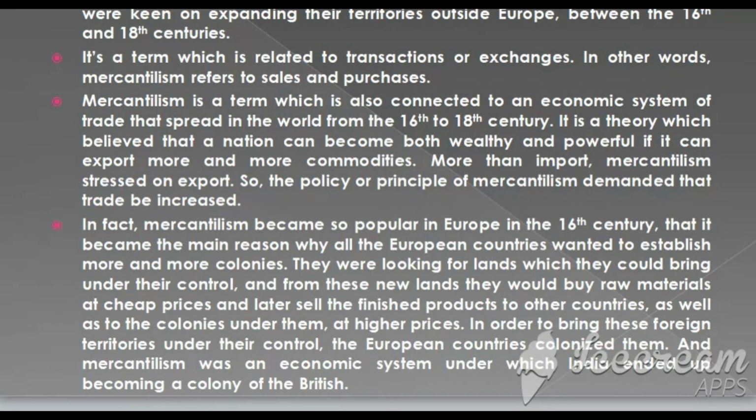In order to bring these foreign territories under their control, the European countries colonized them, and mercantilism was an economic system under which India ended up becoming a colony of the British.